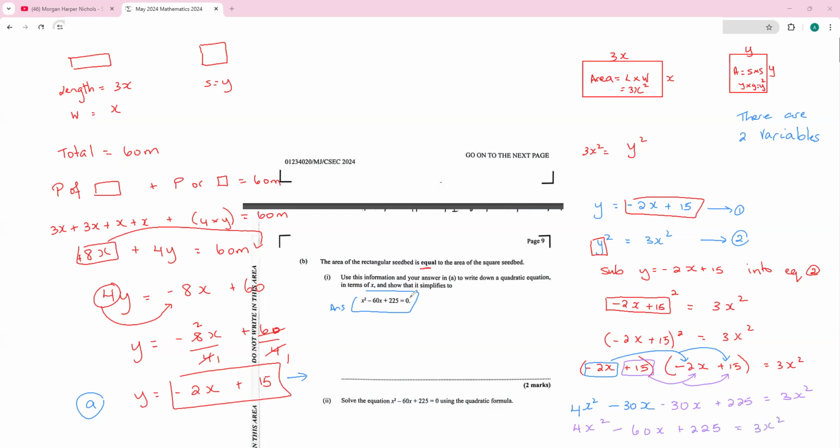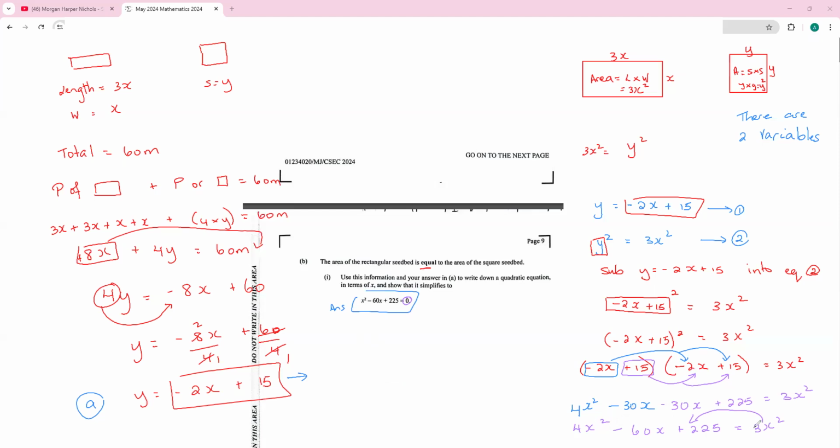Now they want it with 0 on one side, which means they don't want anything on this side. So we had to bring it across. And once you cross the equal sign, you do the opposite operation. So because it was adding there, it's going to come across and it becomes minusing.